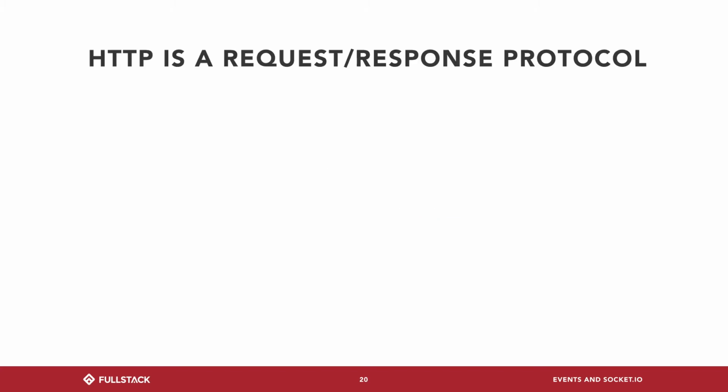HTTP 2 is the next version of the HTTP protocol. It's not super dissimilar in its semantics from the current version. That is, it has headers, it has a version line, it has bodies, it has verbs, but all of that is wrapped up in a different encoding scheme.